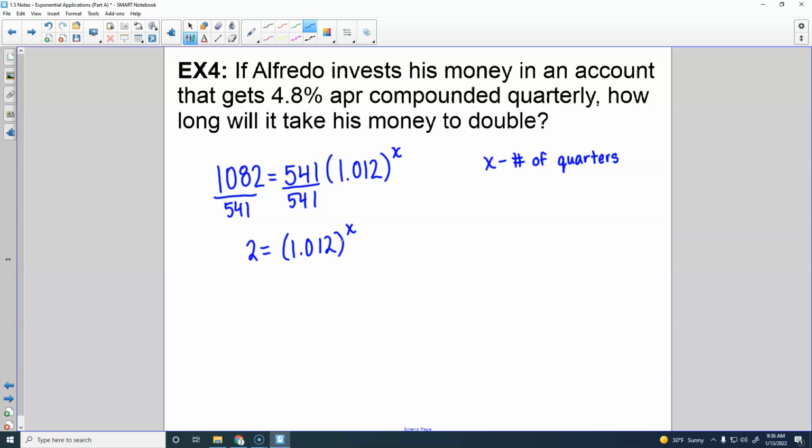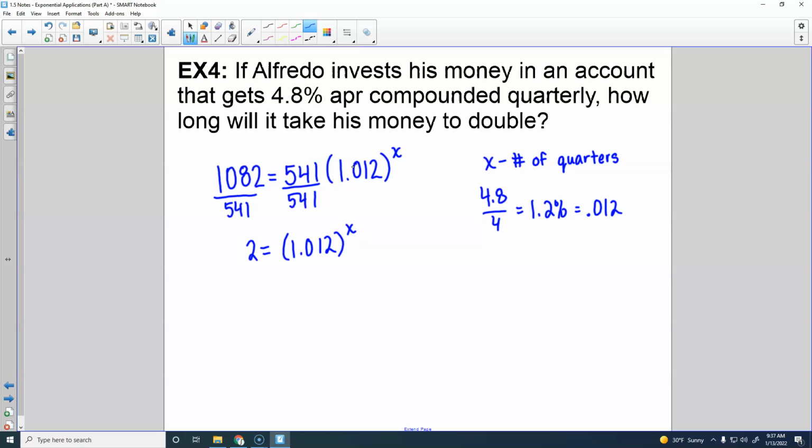Okay, let's look at what everybody's getting here. So I made up the number of $541. If Alfredo has $541, then if I double it, he should end up with $1,082. And I had to adjust the interest rate by dividing it by 4, because there's 4 quarters in a year. So that gave me 1.012 here, because I did 4.8 divided by 4, which gave me 1.2, and then I move that decimal 2 places, so it's 0.012, and then put the 1 in front of it.